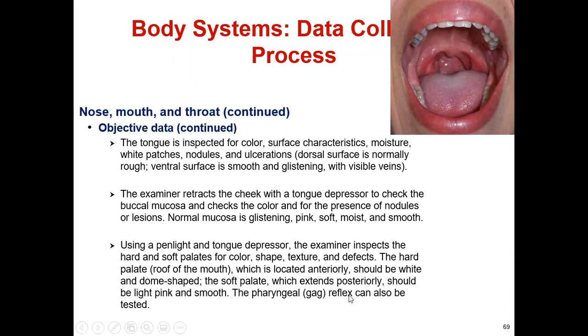The pharyngeal reflex can also be tested; we call it the gag reflex. If a patient has had surgery under general anesthesia, we will give them food only when the gag reflex has returned.